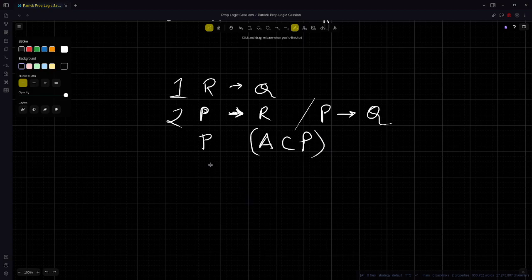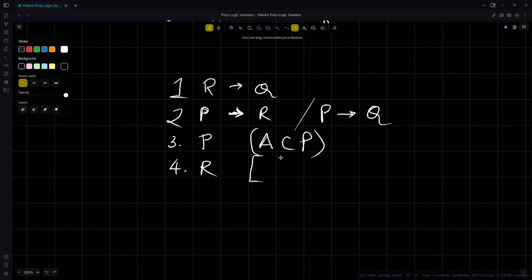So if P is true, then R follows, right? What does the ACP stand for? Assumption for conditional proof. All right.